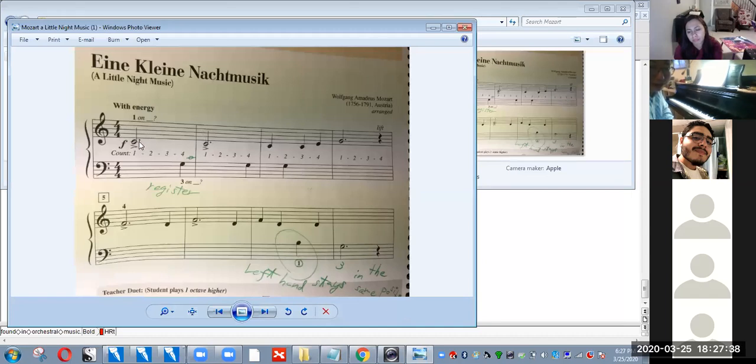So this is a C, this is G, this is C, and G. Write down those pitch names, and also the measure numbers, because it's confusing. And this is called a quarter rest. That's your rest.